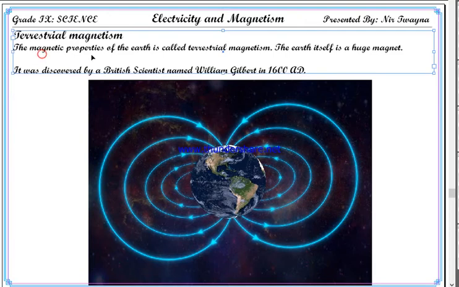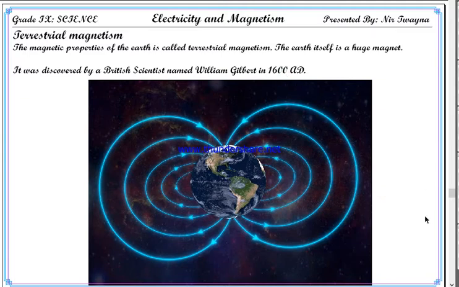The magnetic properties of the earth are called terrestrial magnetism. This phenomenon was discovered by a British scientist whose name was William Gilbert. He found it out in 1600 AD.